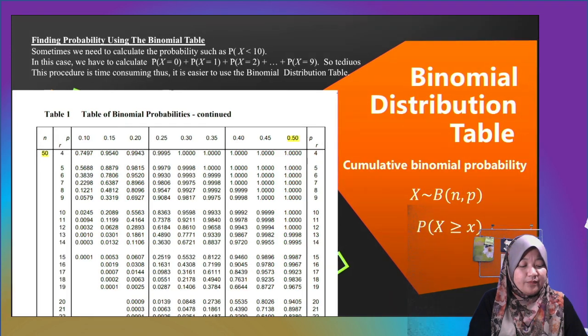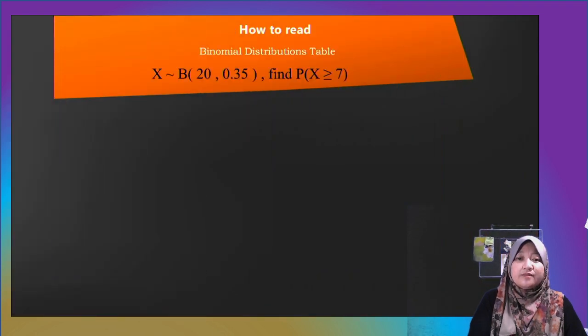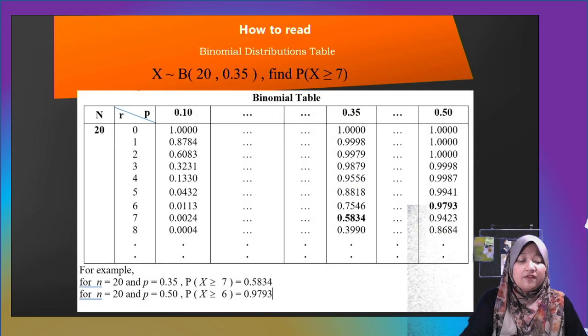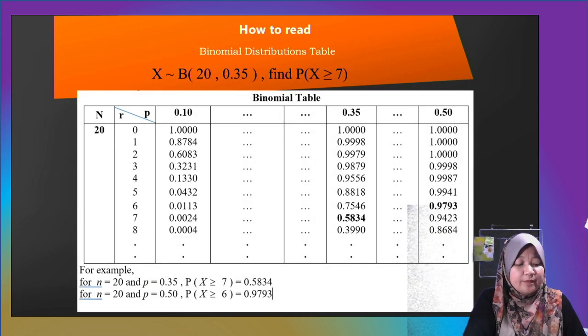Okay, so macam mana kita nak baca binomial distribution table? Okay, let's say we have X distribute binomial, N is 20, P is 0.35. Okay, first kita kena cari dulu apa?